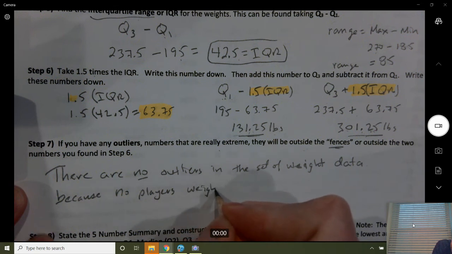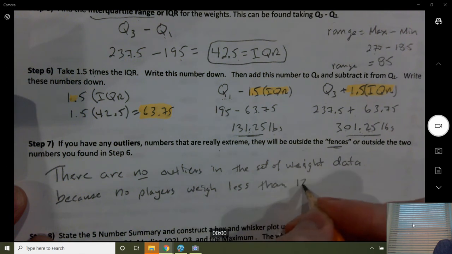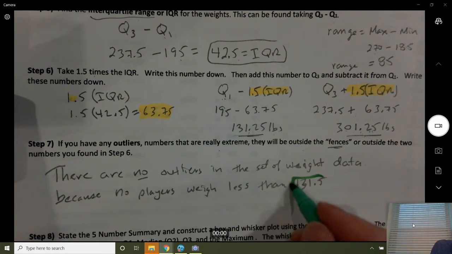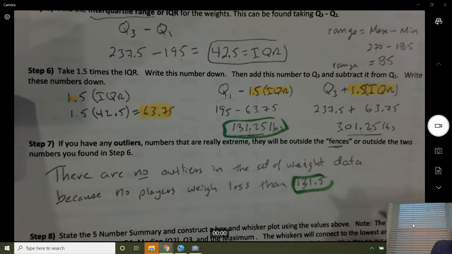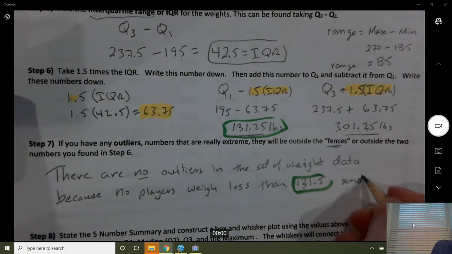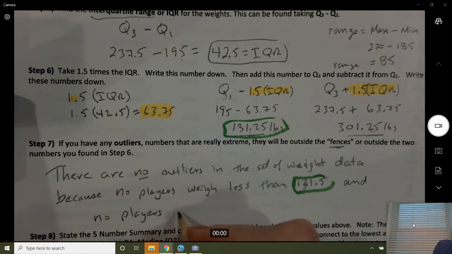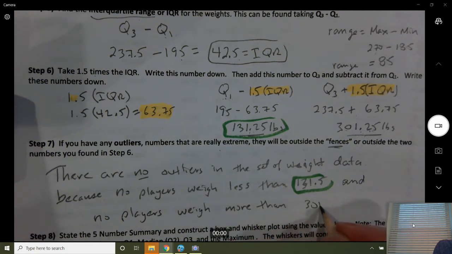weigh less than 131.25. Okay, that 131.25 comes from here. And no players weigh more than 301.25 pounds.